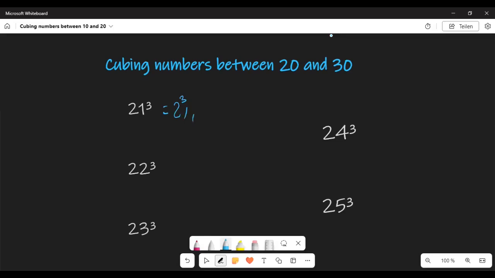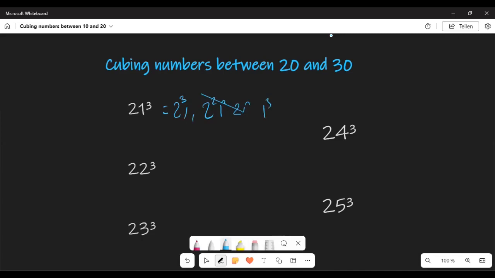Then we're going to have 2 squared multiplied by 1 squared. So we're going to then have 2 squared, and then 2 multiplied by 1 squared, and then we're going to have 1 cubed.